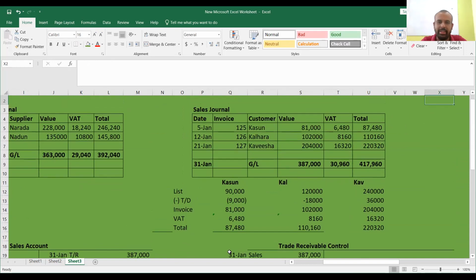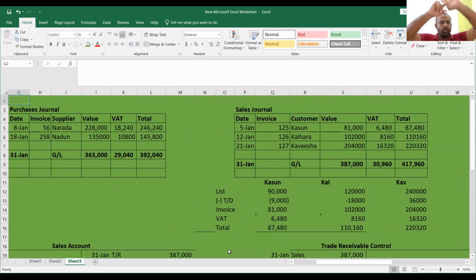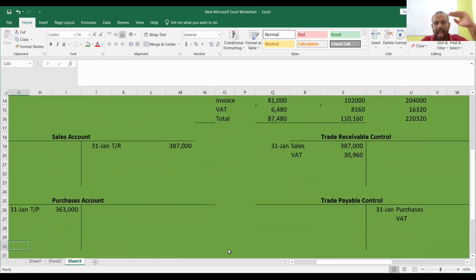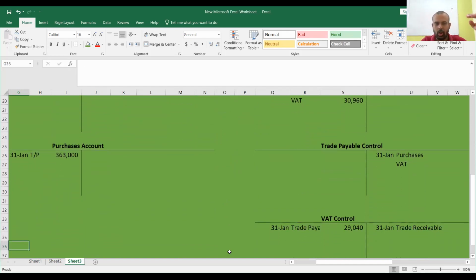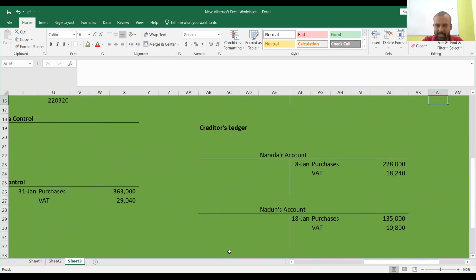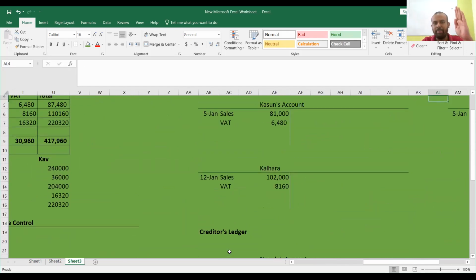Now everything is fine, right? You can see how we update the journals, how we update the private ledger accounts, and how we update the general ledger accounts. With our general ledger, we update at the end of the month with the total, but the private ledger account you should update soon after the transaction takes place. In the private ledger we make a single entry.